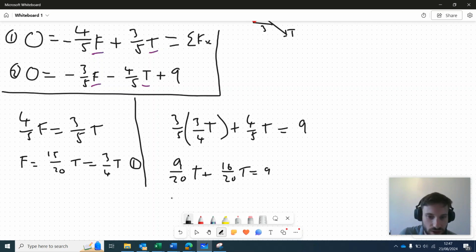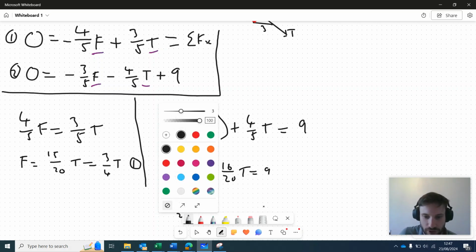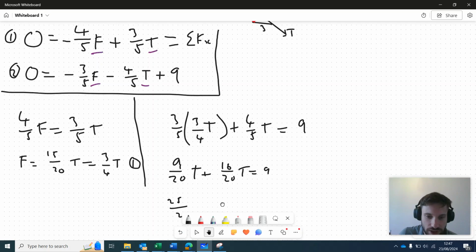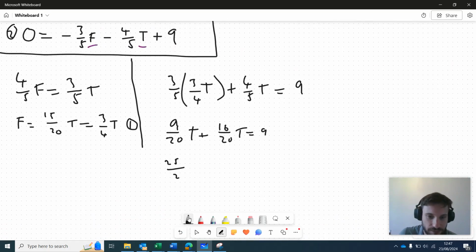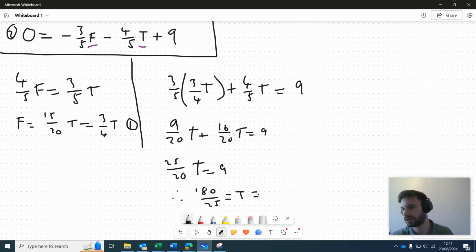Okay, so 25/20. Oh, I'm running out of room. Let's move this down a bit. 25/20 T equals 9. Therefore, let's multiply both sides by 20/25, which gives T equal to 180/25.